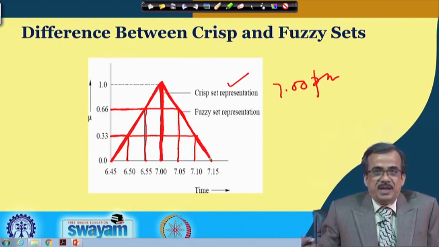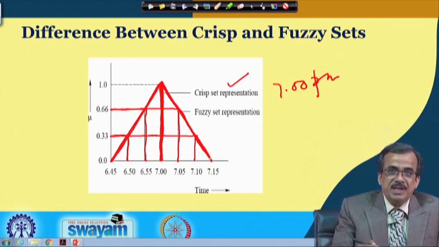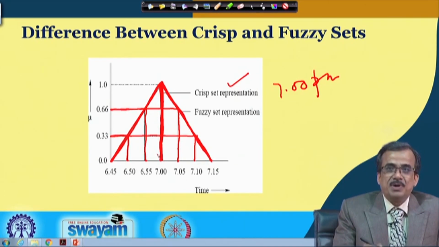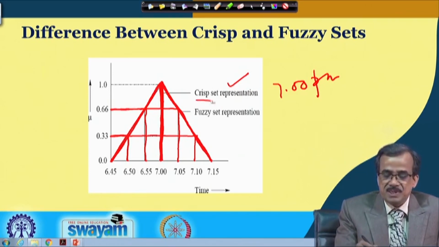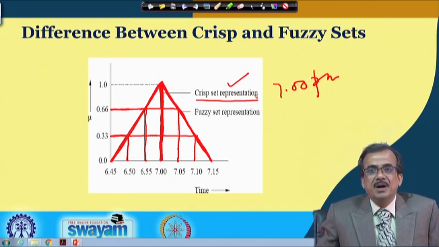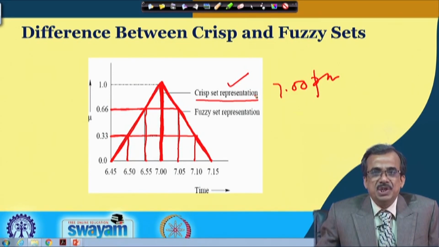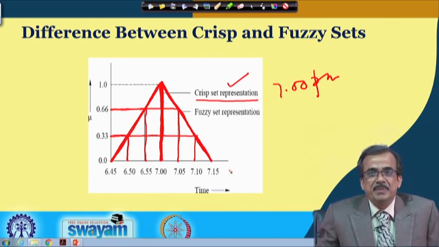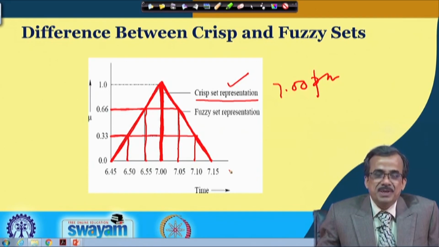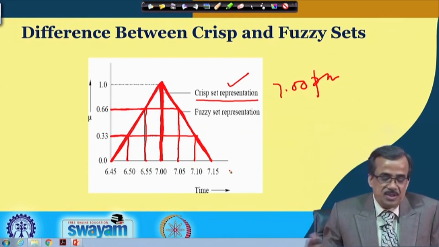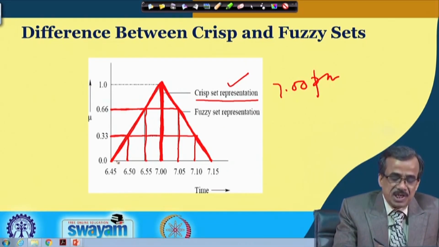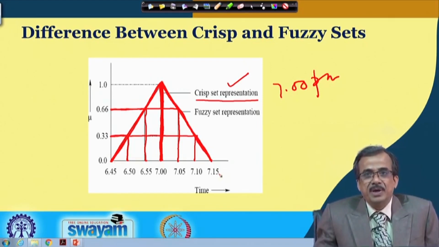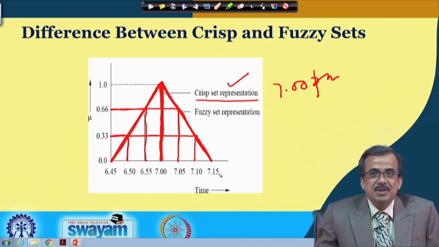So, if I say that I will have to attend the party at 7 p.m., then the distribution for 7 p.m., that is the crisp set representation, is a bit difficult to achieve, whereas the fuzzy set representation for 7 p.m. is a little bit easier to achieve, and that is why the fuzzy set representation for 7 p.m. is a more practical way of representing the time.